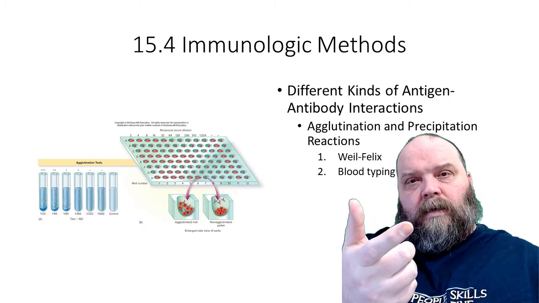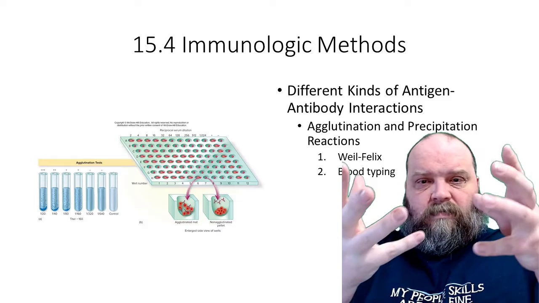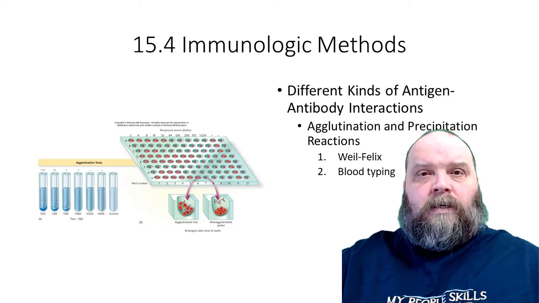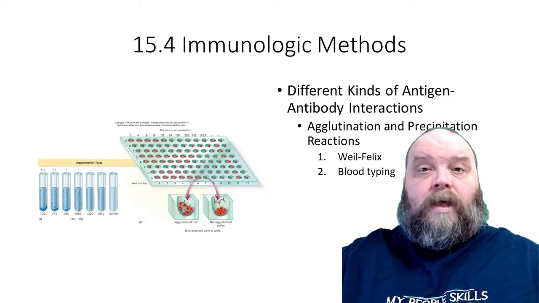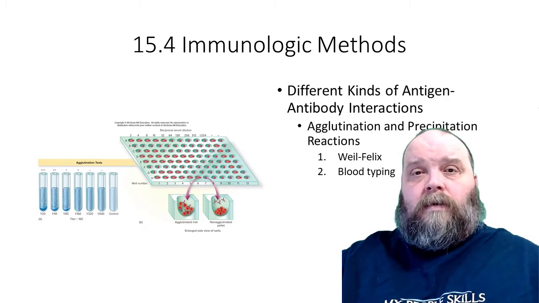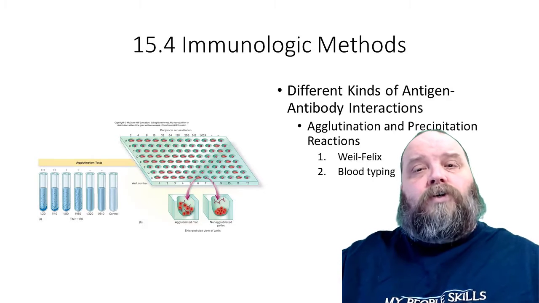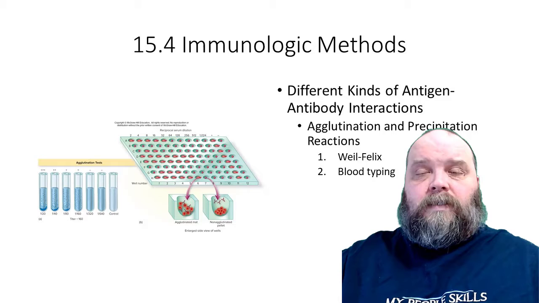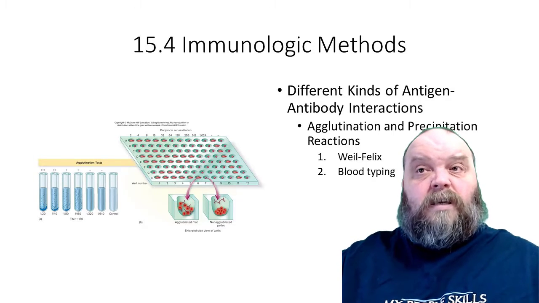Same with B. If the patient's blood doesn't show any type of reaction, remember serum 2 had antibodies towards B, well, that means there's no B sugars on the surface of the red blood cells. So it's indicative that that patient is O.